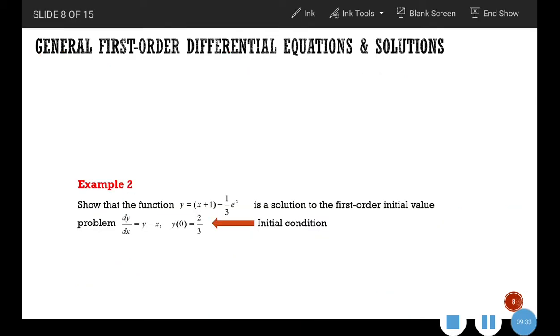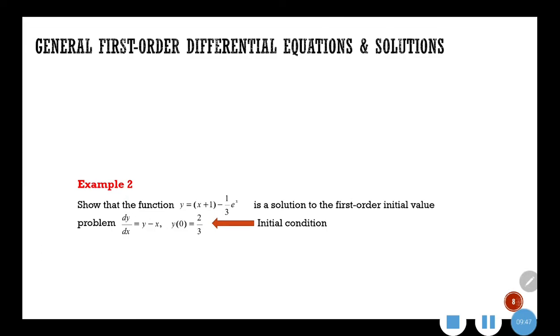Okay, so this example 2 shows that the function y equals x plus 1 minus 1 over 3 e to the power of x is a solution to the first order initial value problem dy over dx equals y minus x.